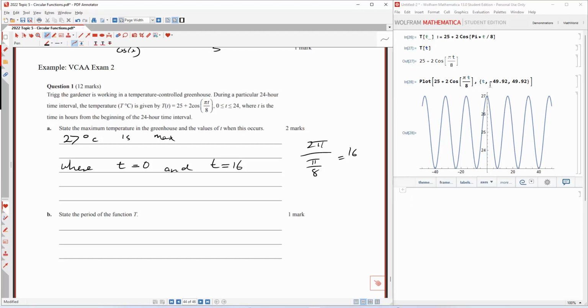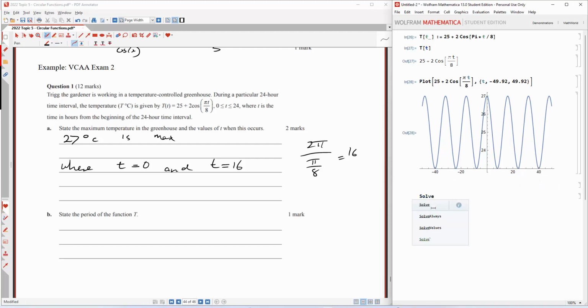Now we could also run a solve for that if you didn't want to do it graphically. So solve T of t equals 27, and we know we're going to have to restrict the domain, so let's go to squiggly brackets, 0 less than or equal to t less than or equal to 24.